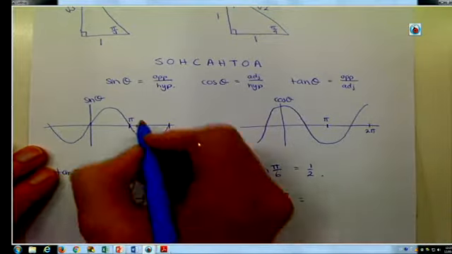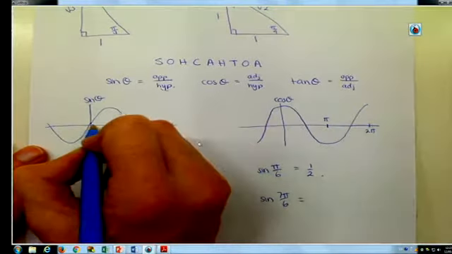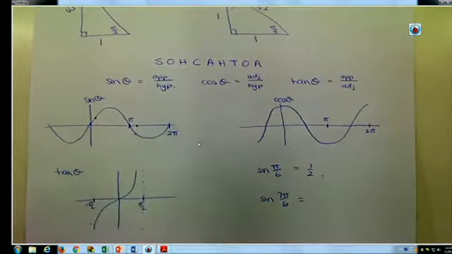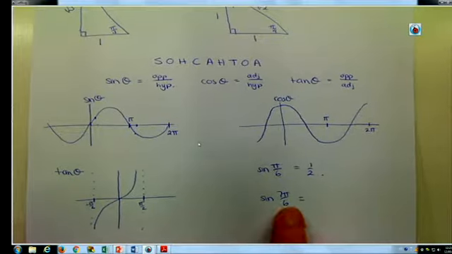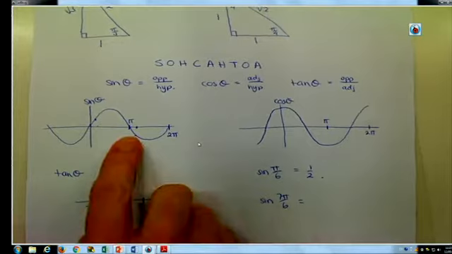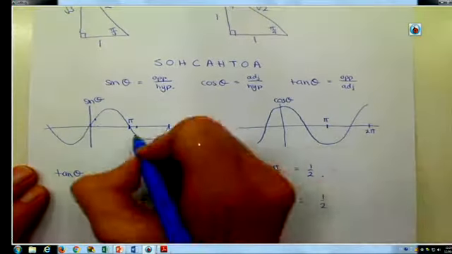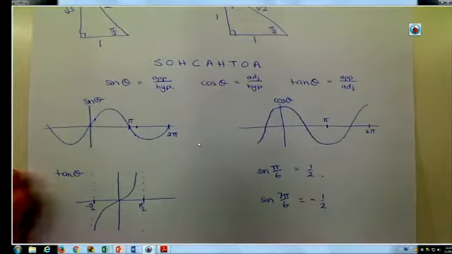If I'm this far away, this value here is going to be the same as this value here, but negative, okay? So the distance you are away from pi or 2 pi or minus pi, that's the angle that's important. So here I'm pi on 6 away from pi, so pi on 6 is the important angle, so it's going to be a half, but here sine is negative, so I need a negative sign, okay?